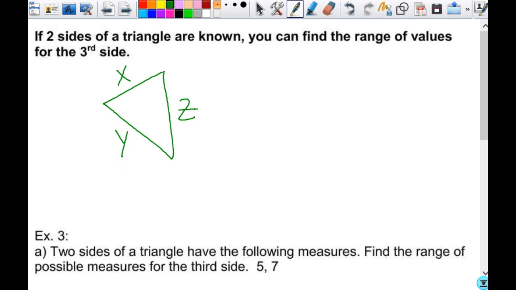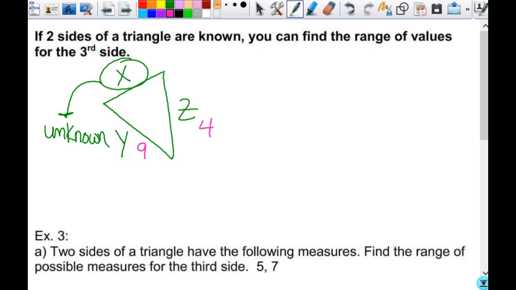So let's say that X is our actual unknown. If X is our unknown, I'm going to give you lengths for Y and Z, but we're also going to do it generically with just variables. We'll make this 4 and we'll make this 9.